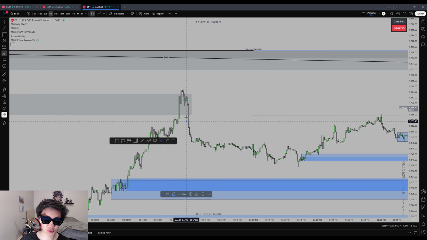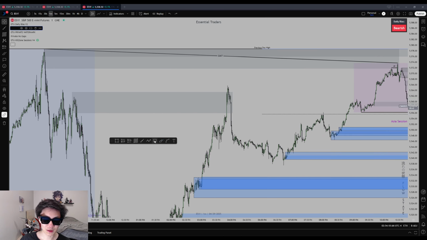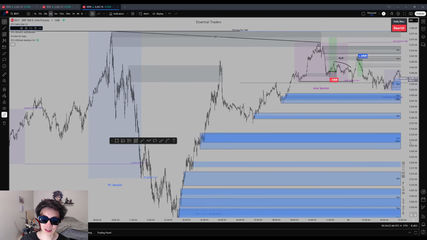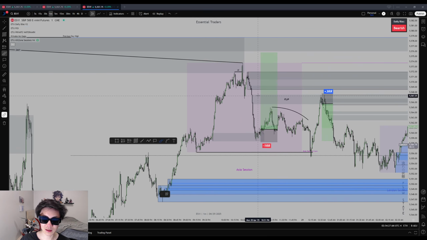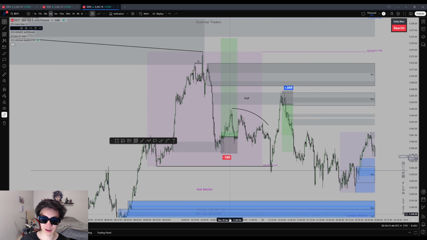Yes, we did impulse into the PY, but the majority of the leg was not impulsive, right? So again, I'd say that's not as valid. Something very clean like this is what we're looking for when we're trading impulse model. That's all I gotta say.